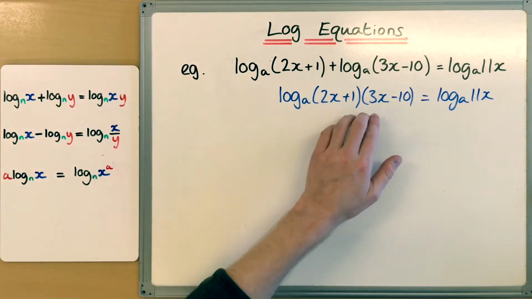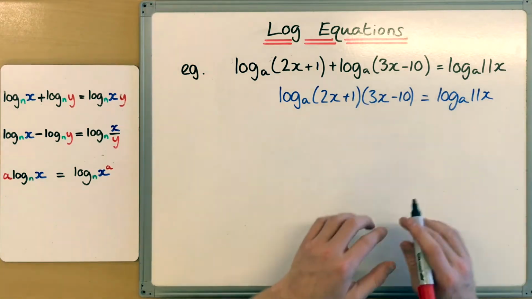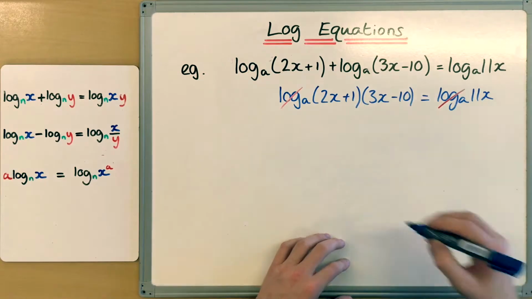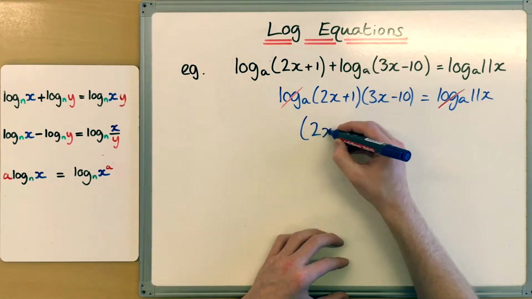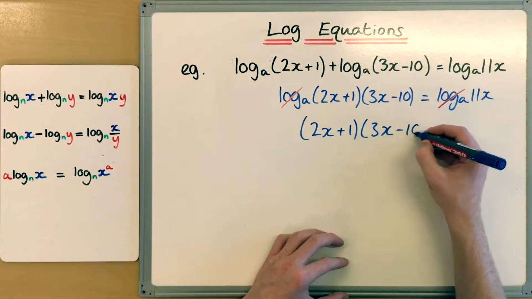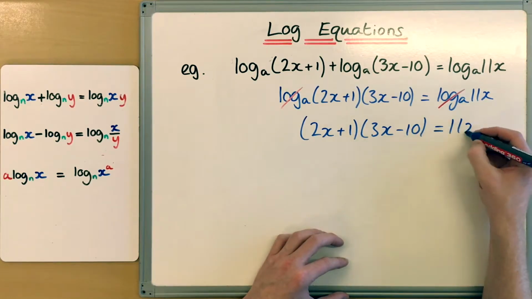Now, log of this is equal to log of this, therefore these must be equal. In other words, cancel logs on both sides. Leaves me with 2x plus 1 brackets 3x minus 10 is equal to 11x.